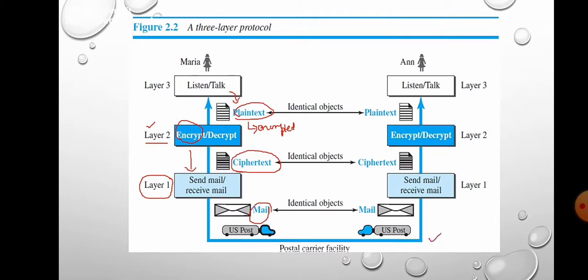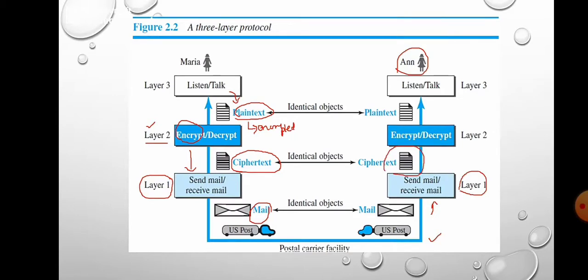So across the receiver side, the first layer machine receives the entire mail from the layer 1 of the sending node, and after receiving the mail, it will extract the information from the mail. That is nothing but the ciphertext.